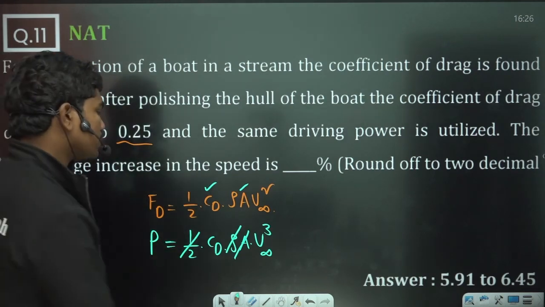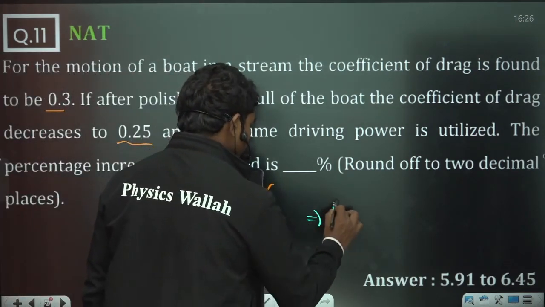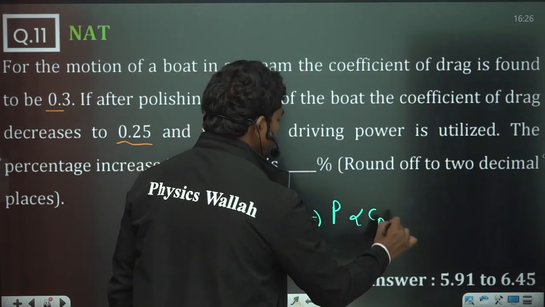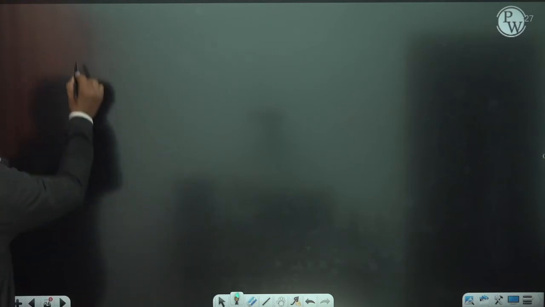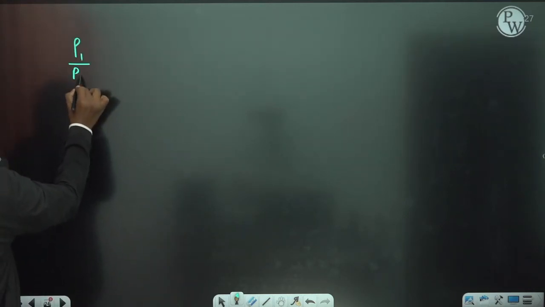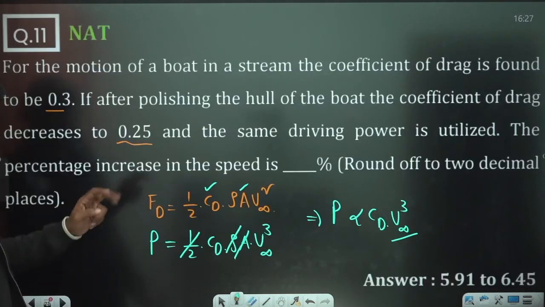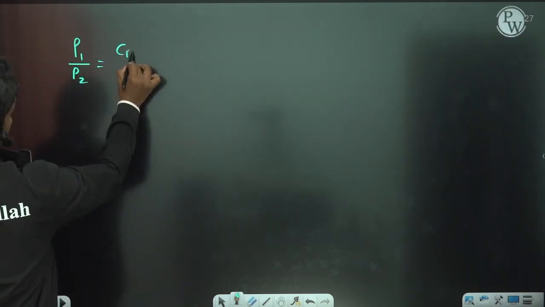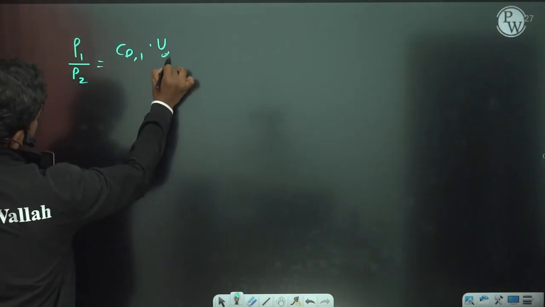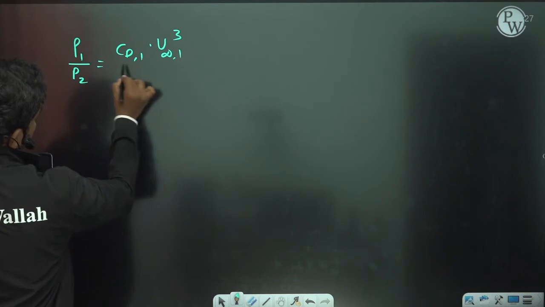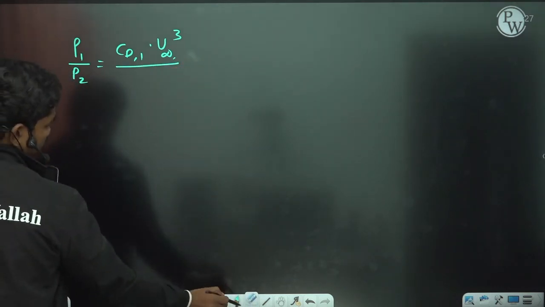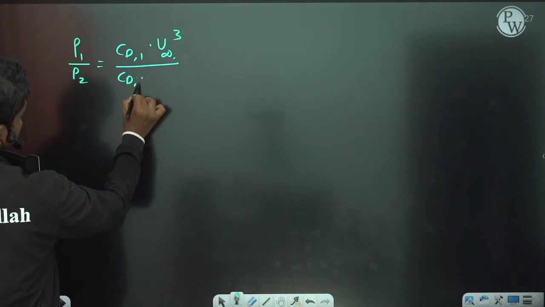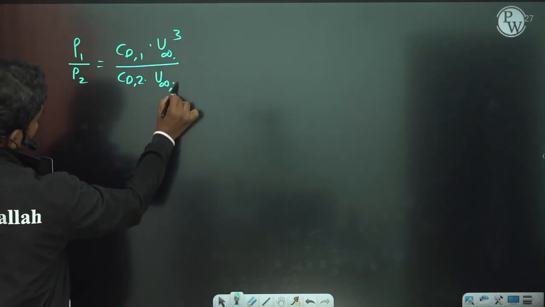So this implies power is proportional to C_D times u infinity cube. So if you take two cases, power in first case by power in second case is equal to C_D in the first case into u infinity 1 whole cube, divided by C_D in the second case into u infinity 2 cube.